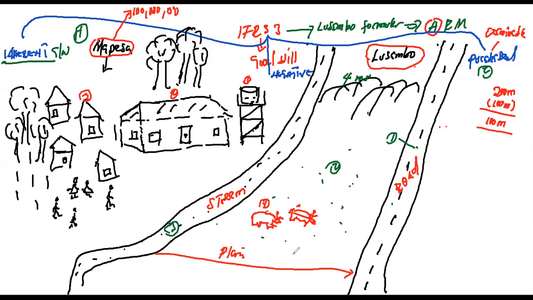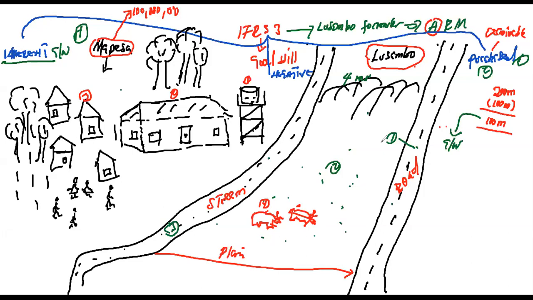But in accounting terms, this difference here is what we are calling goodwill. Goodwill. That is this guy right there, goodwill. The difference between the value of the assets, these assets at the farm, and what actually Lusambo PLC has paid is what we are referring to as the goodwill.